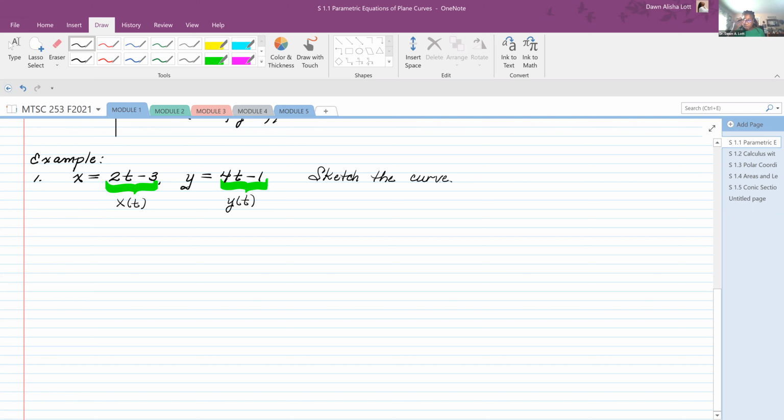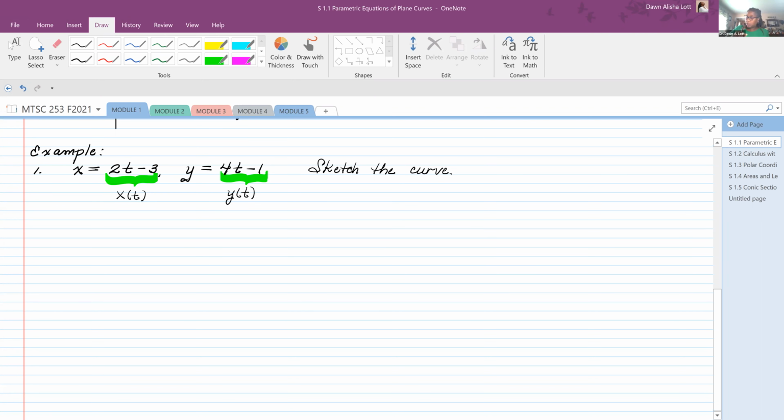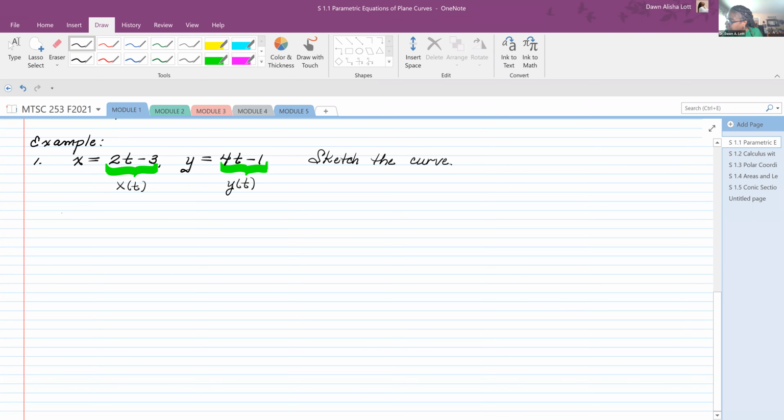Now I can sketch this curve several different ways. One way I can do it is to figure out what the Cartesian equation is. Not always easy, but we can do it with this one.